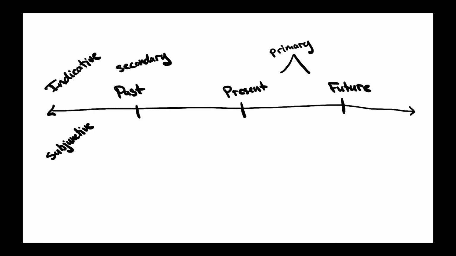Okay. So, if I want to show contemporaneous action for each of these, happening at the same time, and remember, kind of in this contingent way, or this hypothetical way, because it's not even necessarily real, it's breaking from reality. Then for my past tenses, I have to use the imperfect subjunctive.